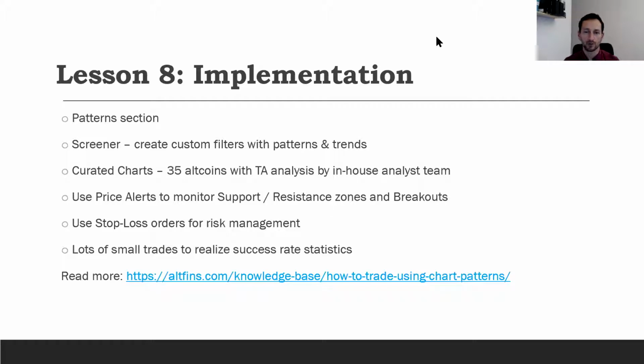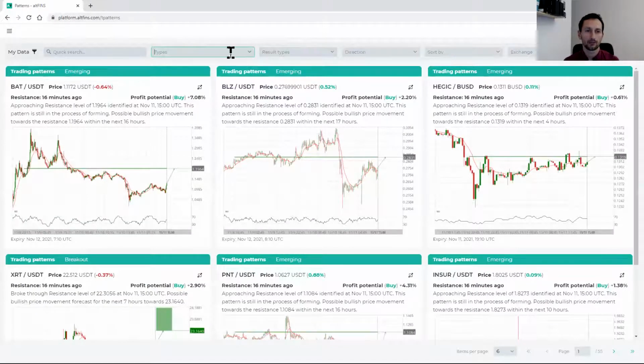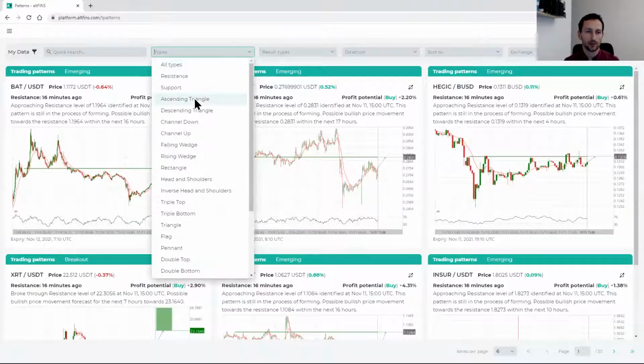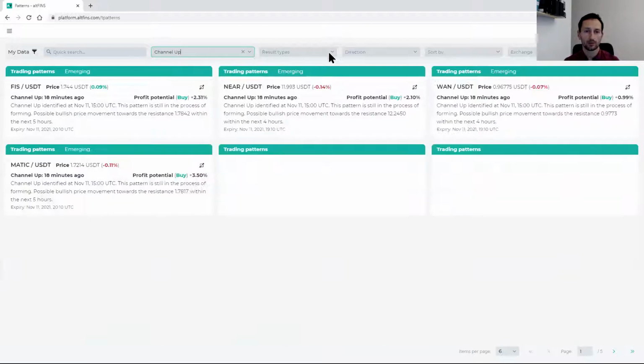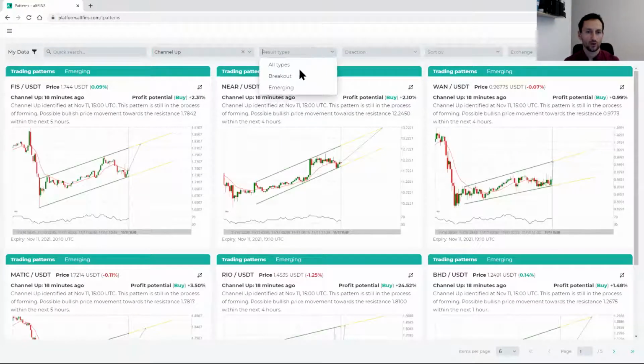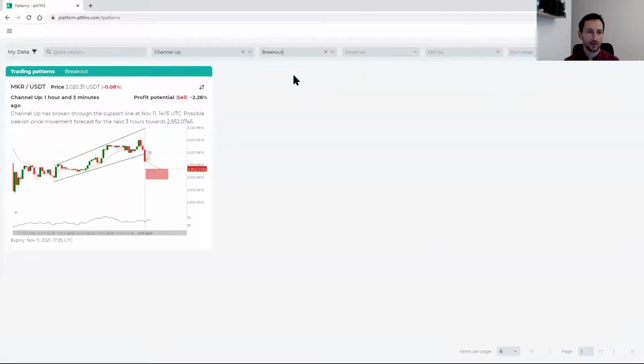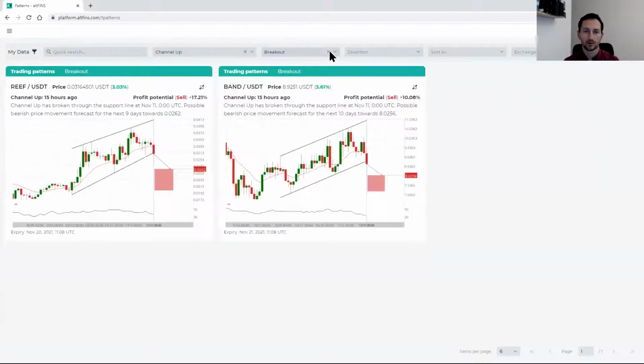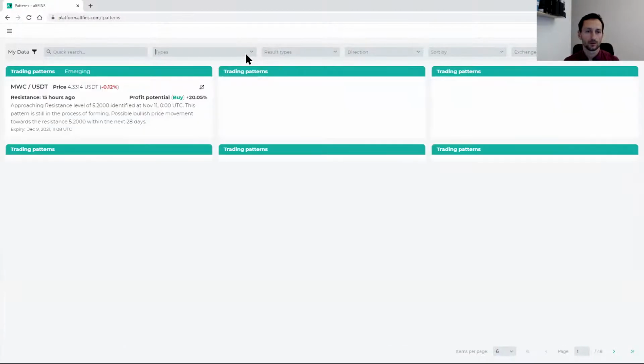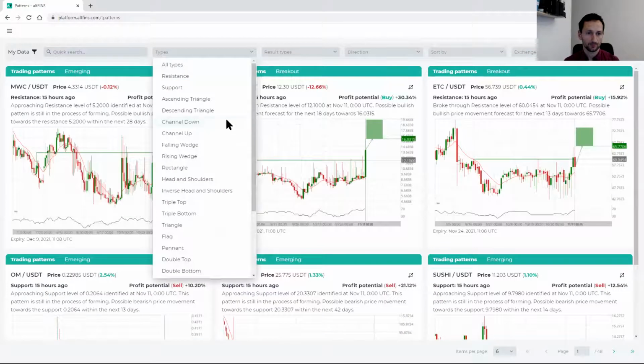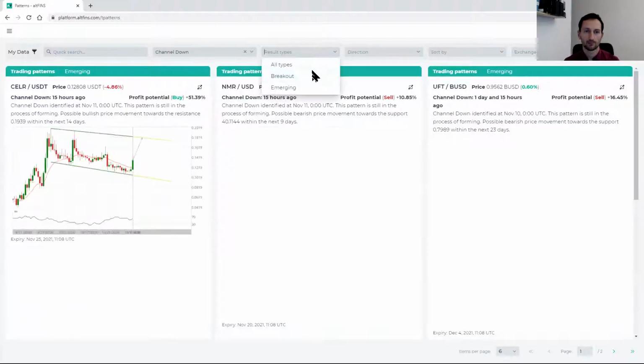Obviously, we've already explored one way of doing that, which is through the pattern section. Right here, you can find the pattern that you like. Let's try channel up. And if you just want breakouts, we can just do breakouts. Right now, we're on a 15-minute one, so let's go to a daily, or channel down, right?